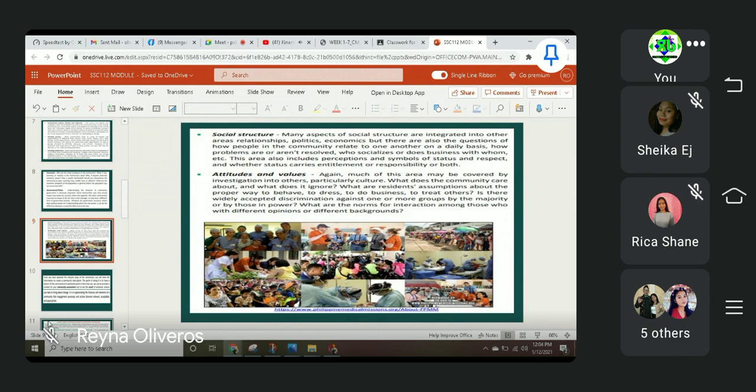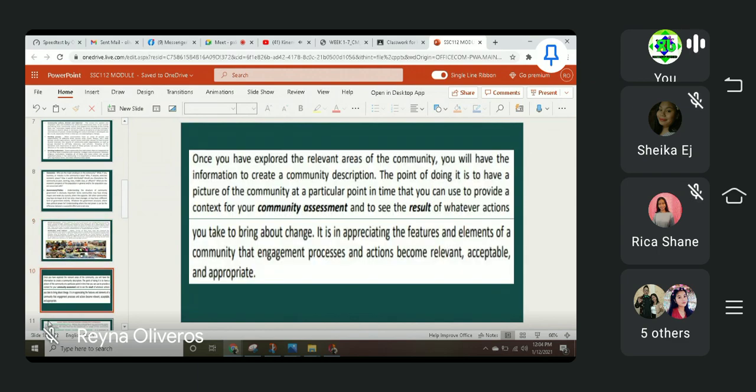So, sabi dito, you have to see what the different opinions are. You also have to see what the different opinions and backgrounds are of the people who are living in that community. Okay? So, once na na-explore mo na daw yung relevant areas ng isang community, you have the information that is being created, ano yung pinakang description mo sa community.